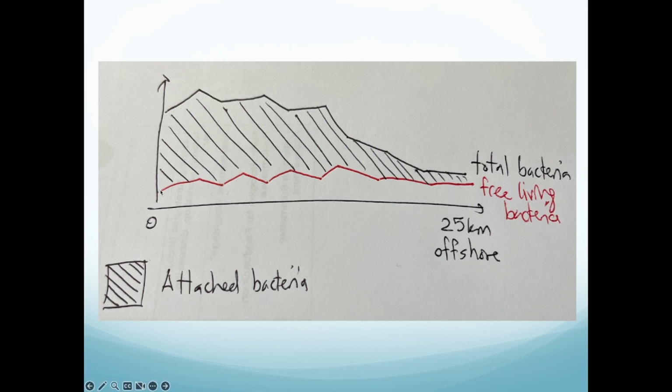Whereas for free living bacteria, if this line shows the free living bacteria, the difference between this is actually the attached bacteria. So this graph can show all three components: total bacteria, free living bacteria, and attached bacteria.